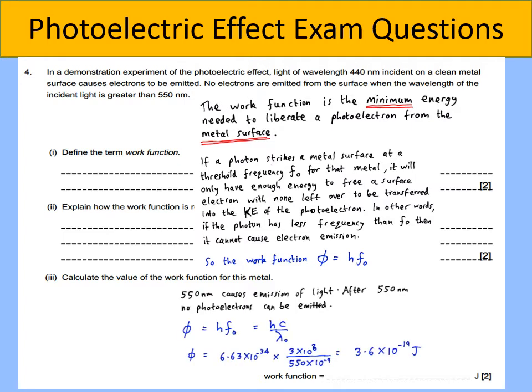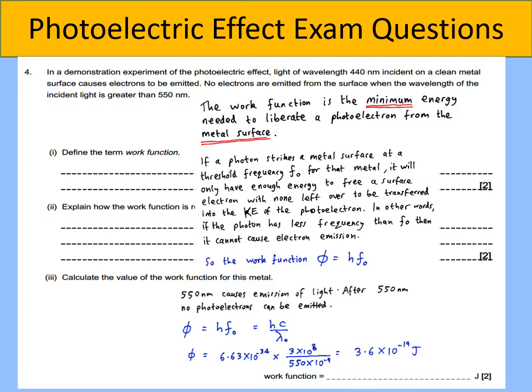And part 3, calculate the value of the work function for this metal. Now there's two numbers given. There's light of wavelength 440 nanometers, and there's incident light of wavelength 550 nanometers. Now this will sometimes throw people, and we've got to make sure that we get the right one. So 550 nanometers causes emission of light. After 550 nanometers, no photoelectrons can be emitted.